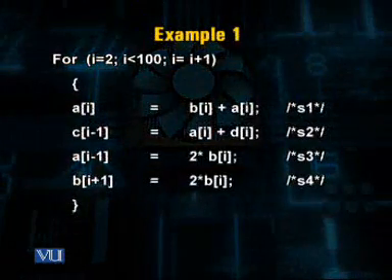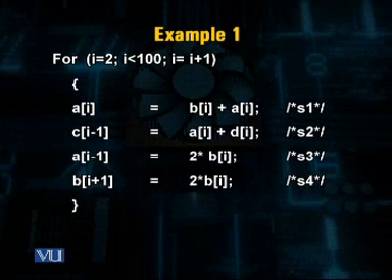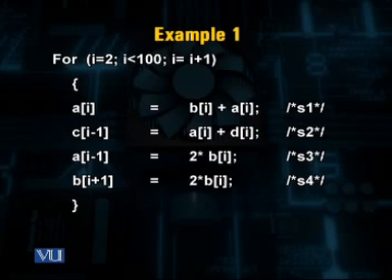Here, for the program code given, you are required to find out all types of dependencies, that is, the output dependence, anti-dependence, and true dependencies in this code.